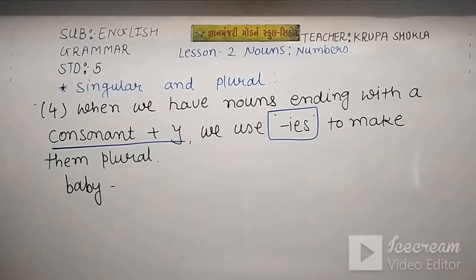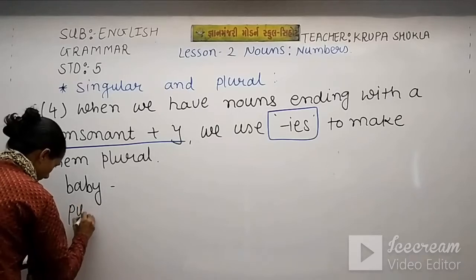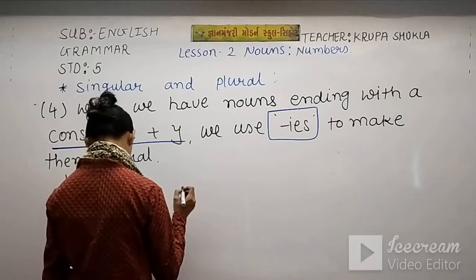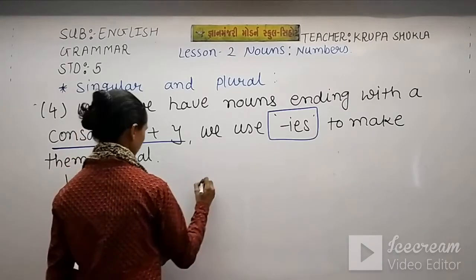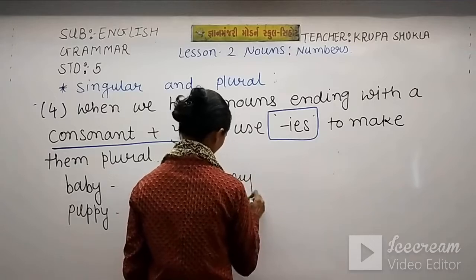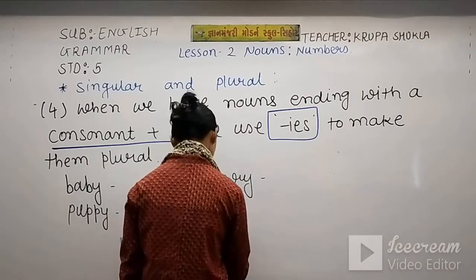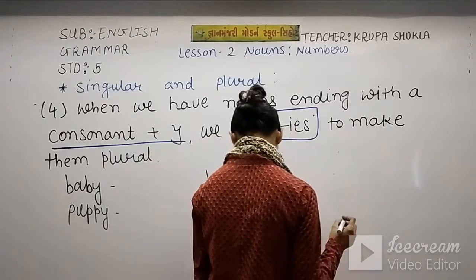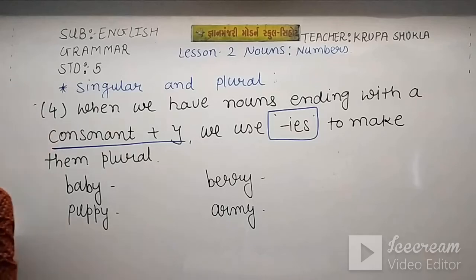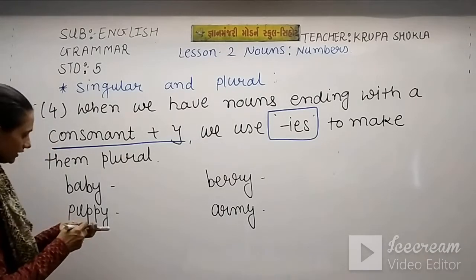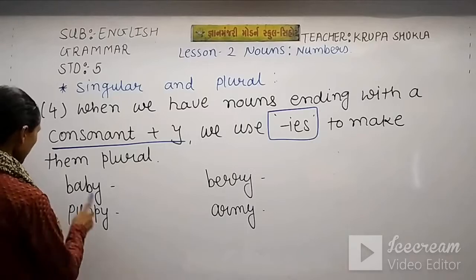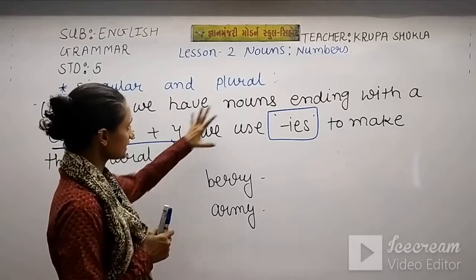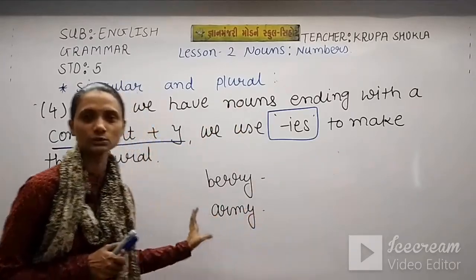So let's write this kind of words: baby, puppy, berry, army. So here we have these four words. Okay, let's check whether this rule is applicable to these words or not.